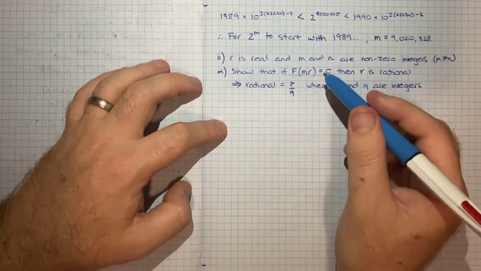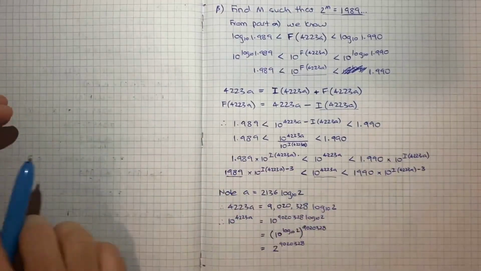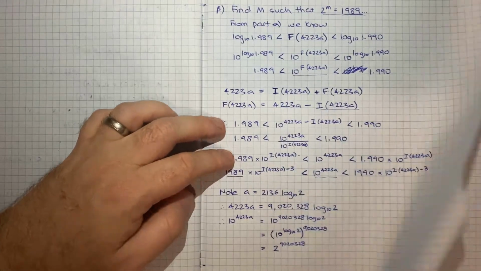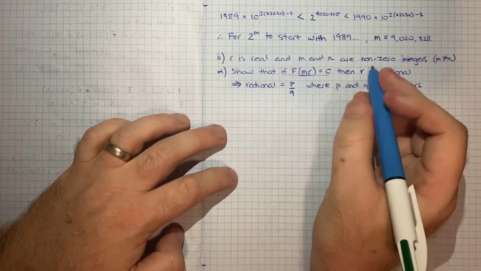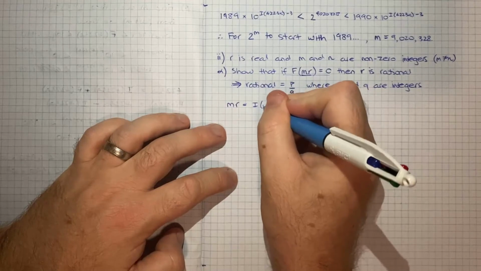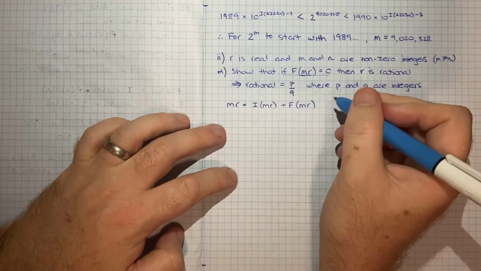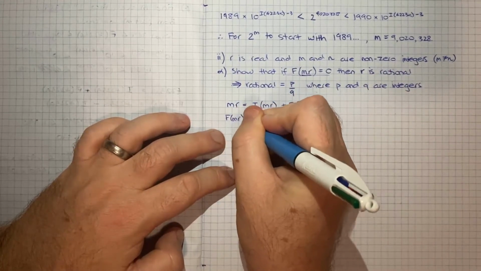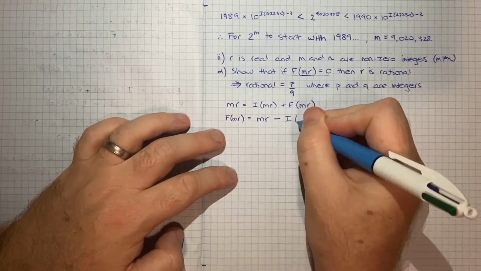Going back to something I pointed out in part 1, where I broke up a number into its integer and fractional part, I'll do something similar here. So here we're dealing with MR. So I can say that MR is equal to the integer part of MR plus the fractional part of MR. So again, simple rearranging, let's just say that the fractional part of MR is equal to the actual number, MR, minus the integer part of that number.